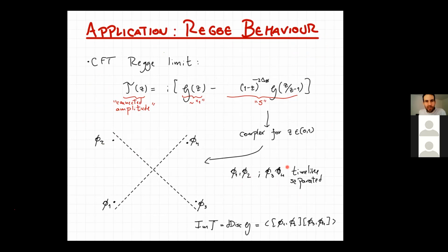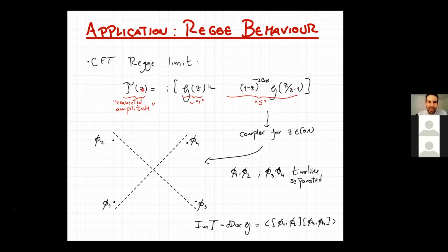So let me just define for you, first of all, what is the Regge limit. If you take a scattering amplitude, the Regge limit is basically just the high energy limit. There are several ways in which you can do this, at fixed angle or unphysical scattering angle, but anyway, it's basically high energies. You can define something analogous in CFTs. Again, let us take our connected amplitude in a CFT.